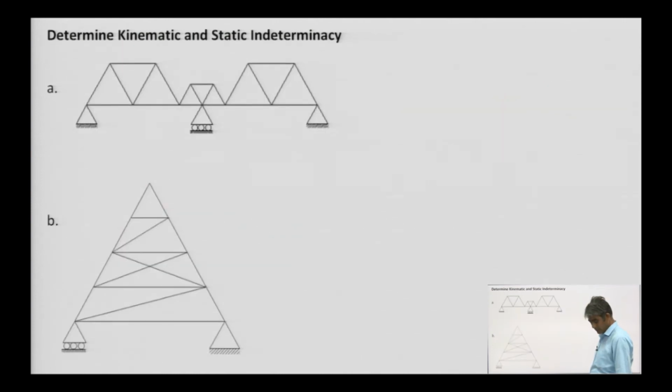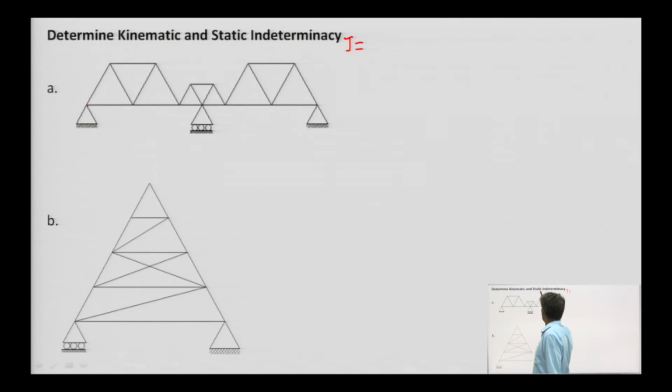Let us calculate kinematic and static indeterminacy for these two cases. Trusses. Let us count the number of joints here. Number of joints, how much? 1, 2.